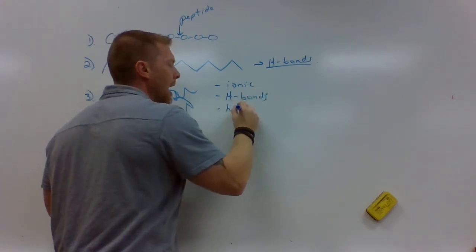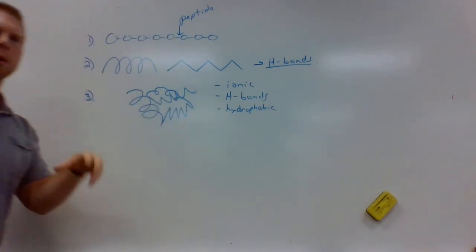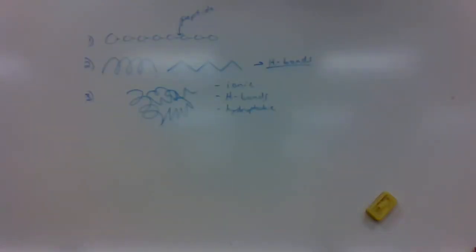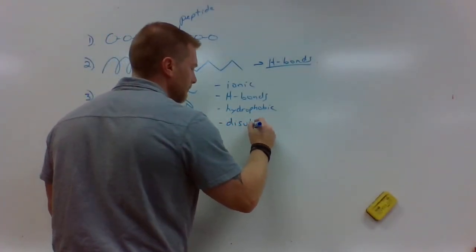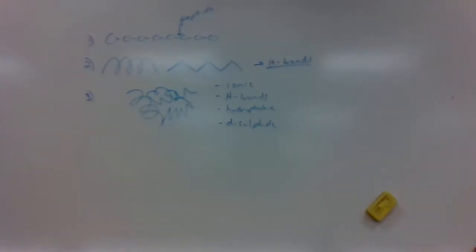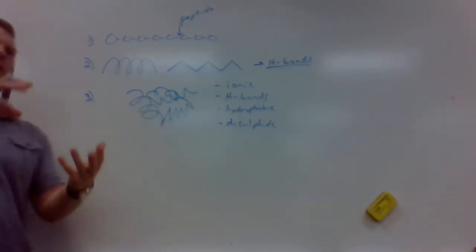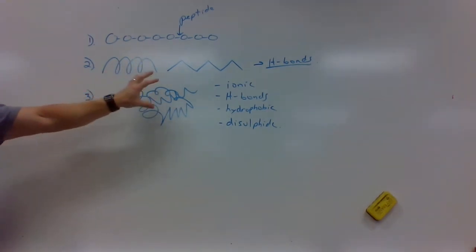We could see hydrophobic interactions. That's when two nonpolar parts are attracted to each other. We see disulfide bridges. We have all these different types of bonds being created, and it creates this super highly folded, very specific shape.